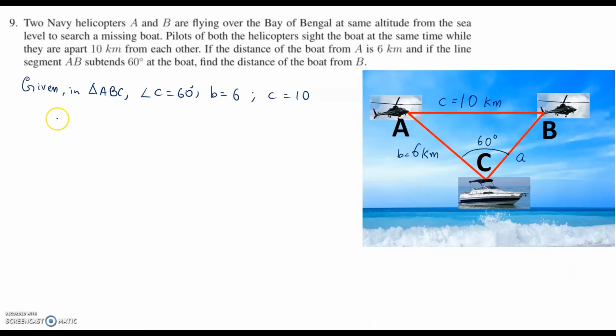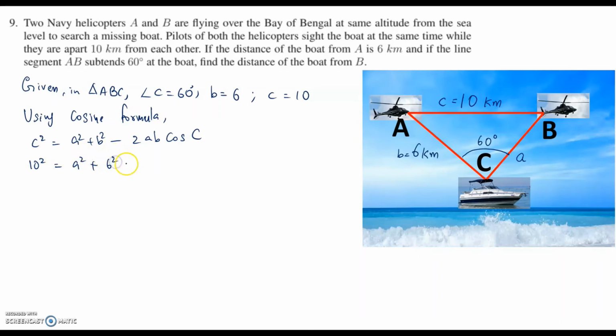Since we are given the angle C, let's use the cosine formula. We can say c squared is equal to a squared plus b squared minus 2ab cos C. So let's put the values. c squared is 10 squared, which is equal to a squared, we do not know, plus b squared, 6 squared, minus 2 into 6 into a into cos 60 degrees.